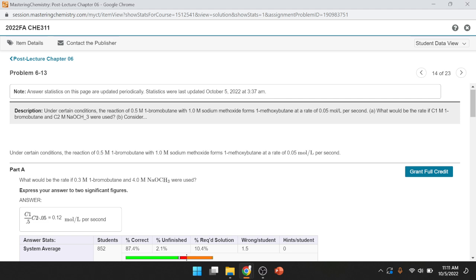You should always check it against what you know. This has lower concentrations, smaller value, higher concentrations, larger value. Okay, that makes sense. If I have more fuel, it's going to burn faster, right?